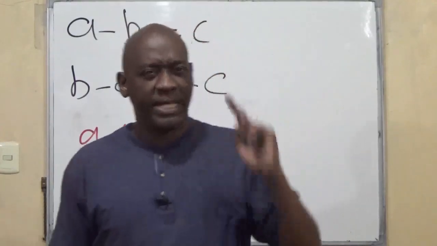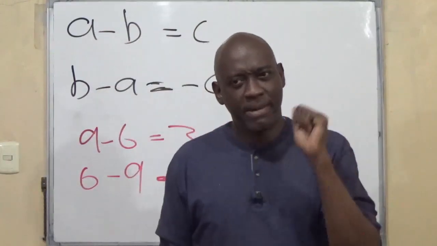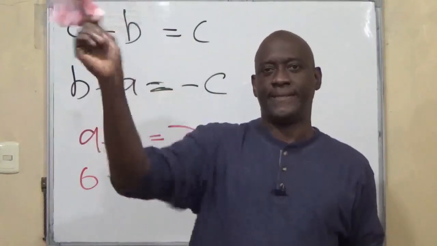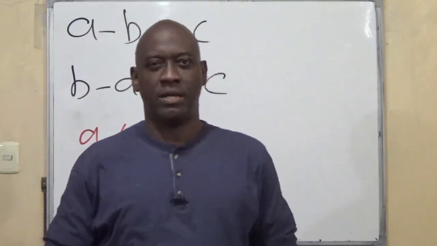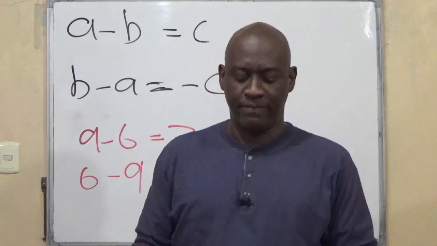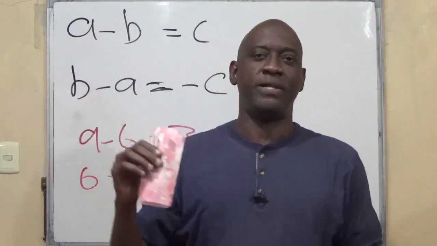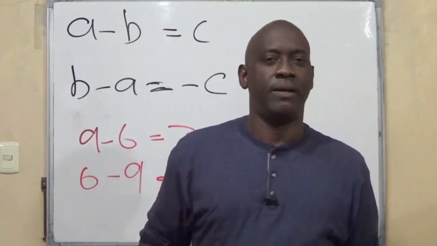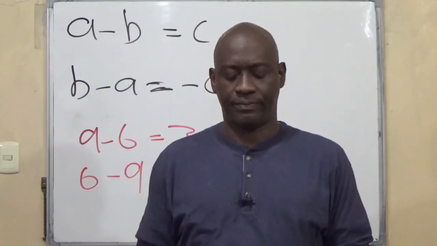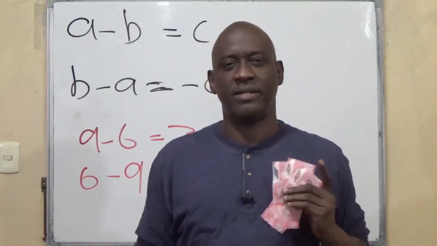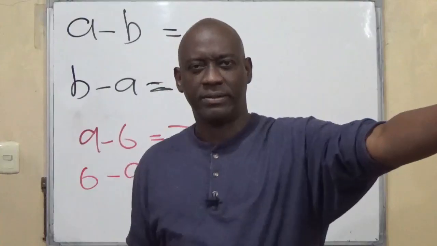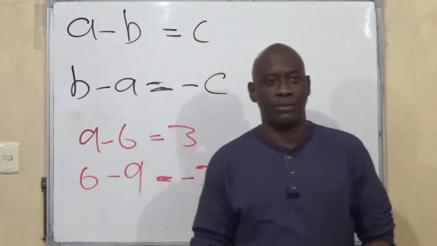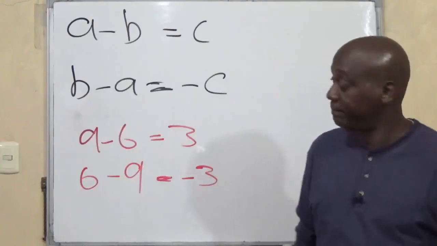And anytime you think that plus 3 and minus 3 are close, just go back to your good friend, money. Plus 3, money coming into your bank account. Minus 3, money leaving your bank account. There's nothing close about that.